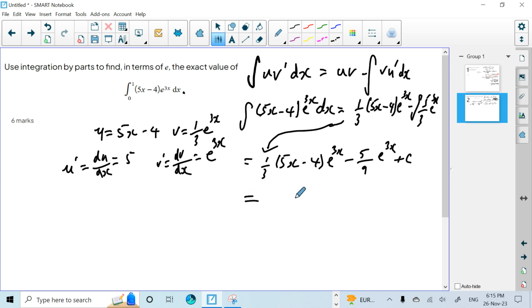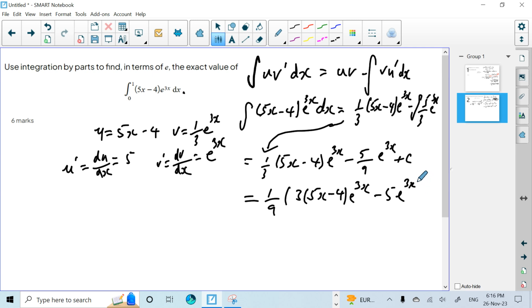Which gives you, if we take out 1/9, which will factor out 3, then 3(5x minus 4) e to the 3x minus 5e to the 3x, because I've taken out a ninth.